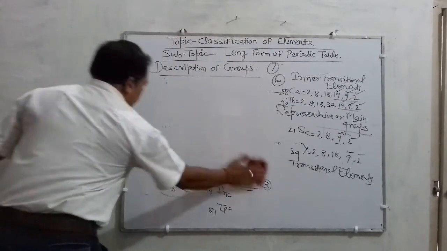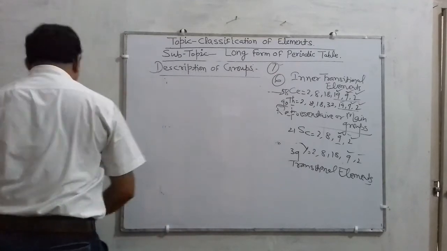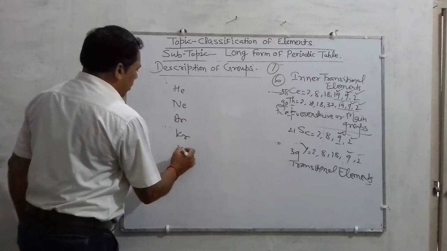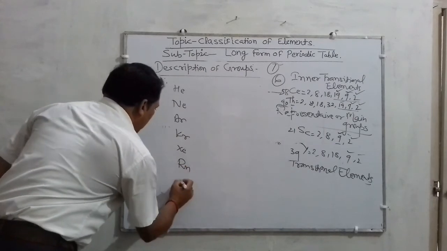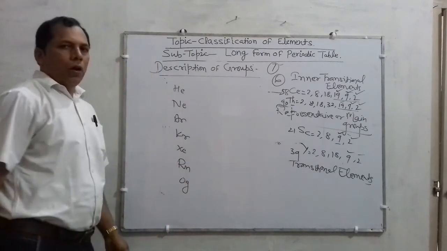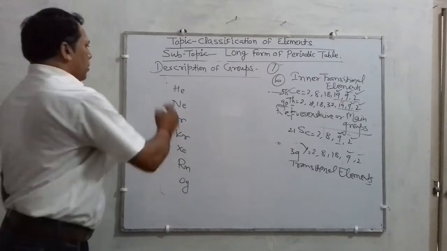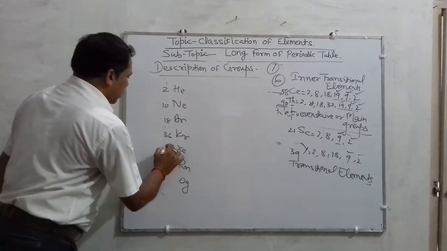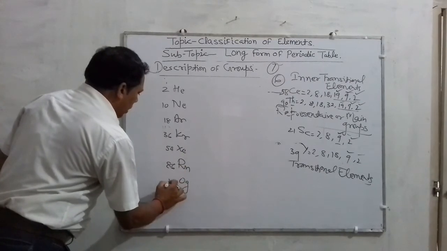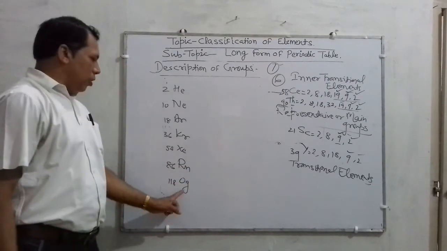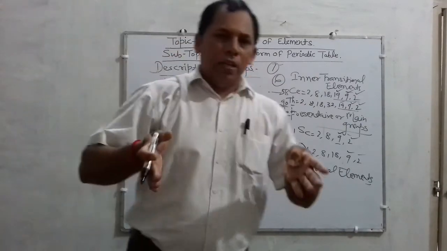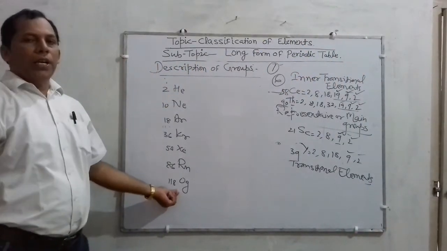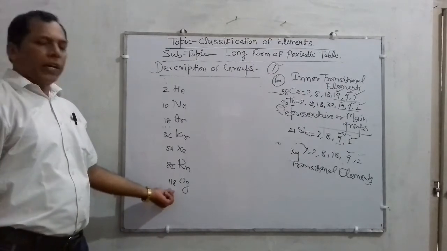These elements are helium, the first element, then neon, argon, krypton, xenon, radon and oganesson. I explained oganesson yesterday. Their atomic numbers are 2, 10, 18, 36, 54, 86 and 118 for oganesson. Oganesson, symbol Og, was discovered recently and has atomic number 118.